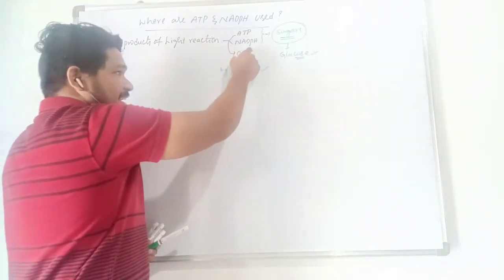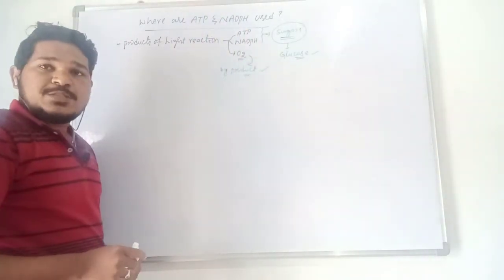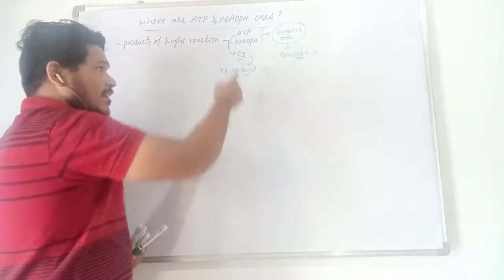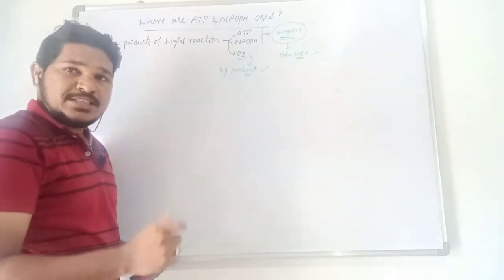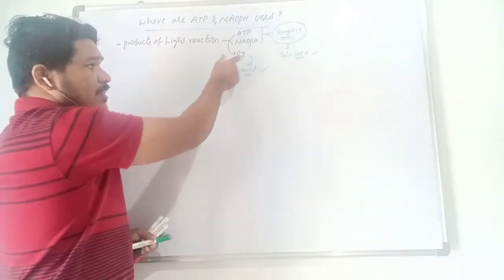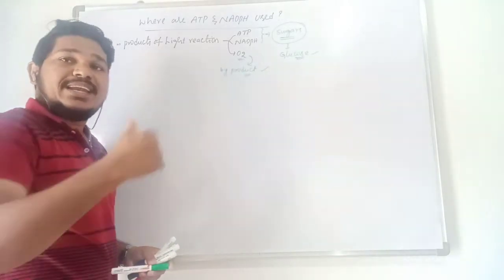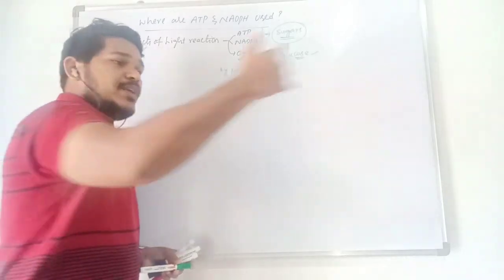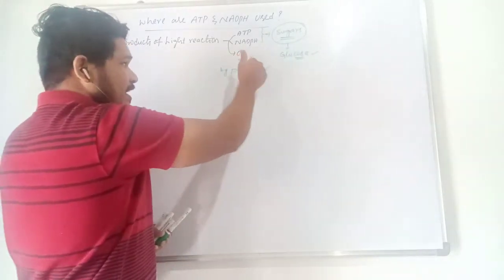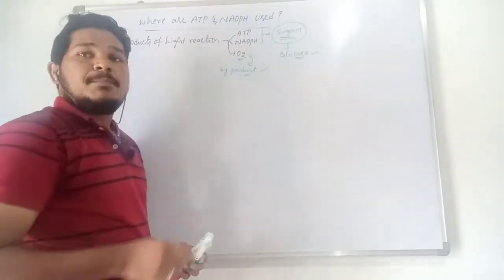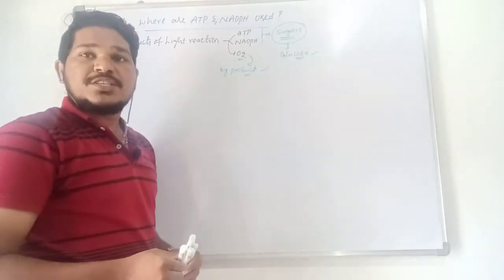It is a waste product of photosynthesis, and there is no utilization of oxygen in photosynthesis. The oxygen molecules are released into the atmosphere from the plants during photosynthesis.